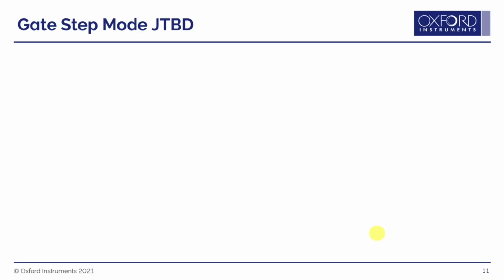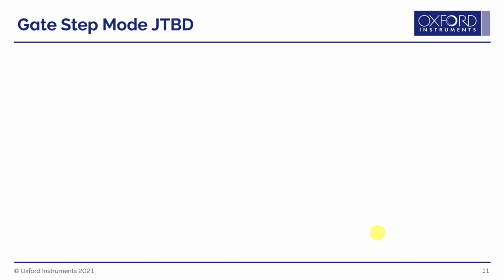So next I want to just talk briefly about gate step mode, because this is a particularly useful feature available on all our iStar products. It's particularly useful if you're looking at some kind of phenomenon that has some kind of time evolution, but is a recurring phenomenon, so it's the same every time you, say, pulse a laser at a target and generate a plasma, and the plasma looks the same every single time you do it.